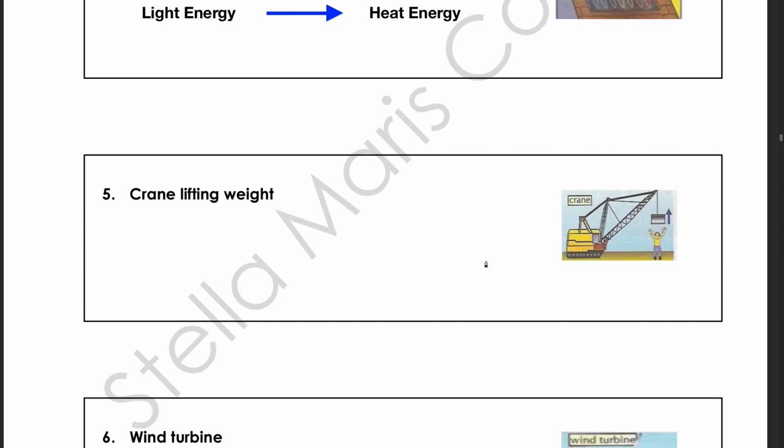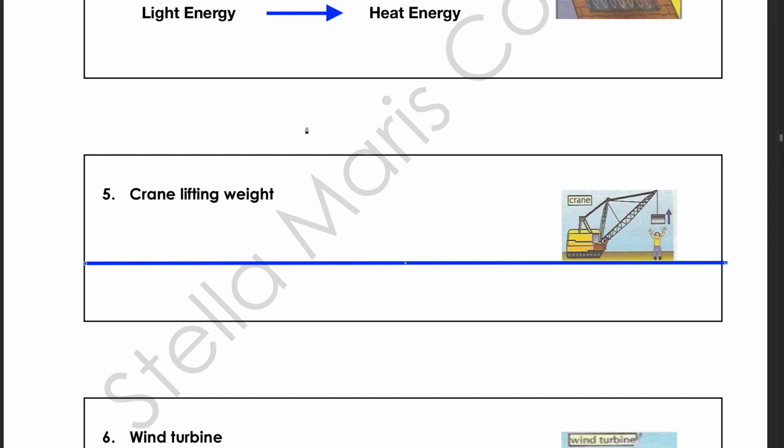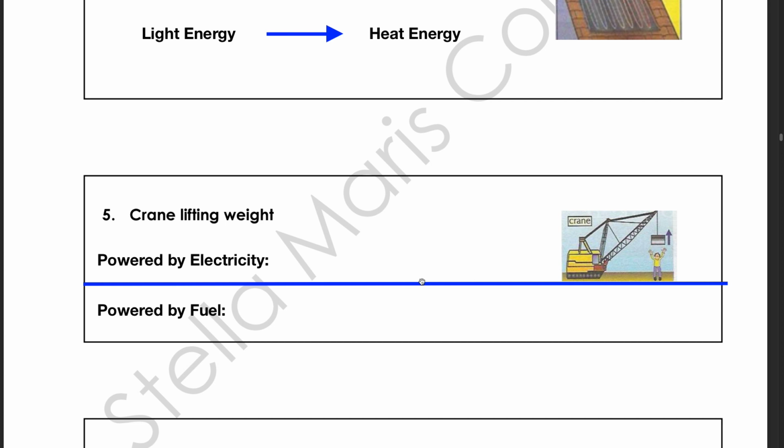Number 5, a crane lifting weights. Now this depends on what type of crane it is. In fact, we're going to split this question in two, and we will take 2 cases. The first being a crane that is powered by electricity. The second would be an example where the crane is powered by fuel.